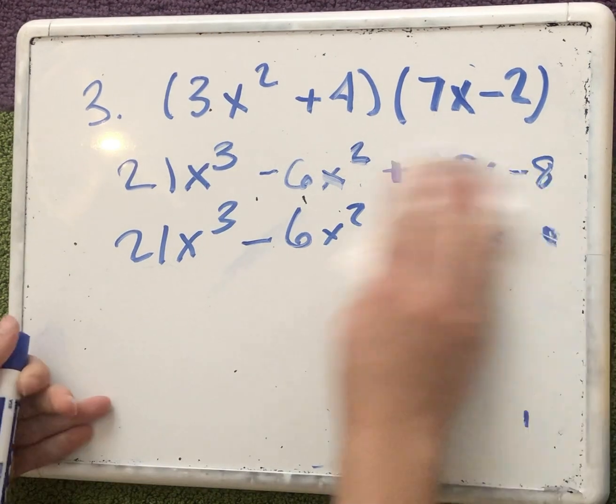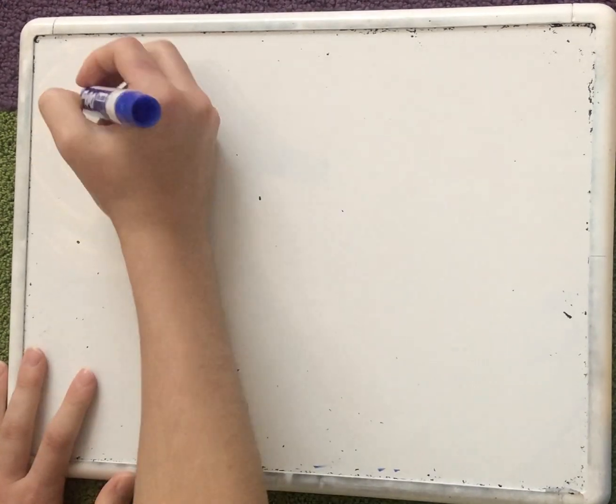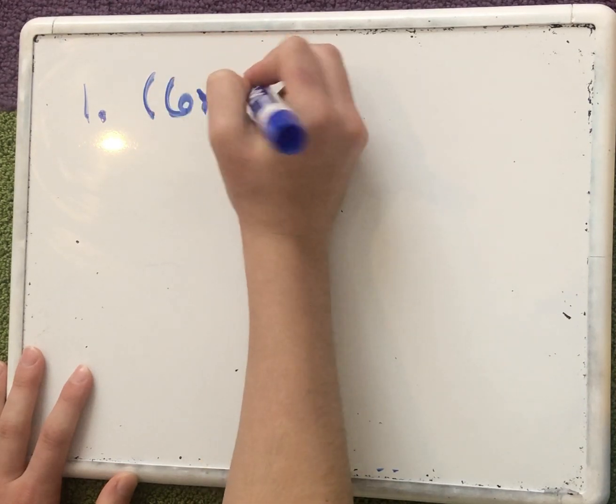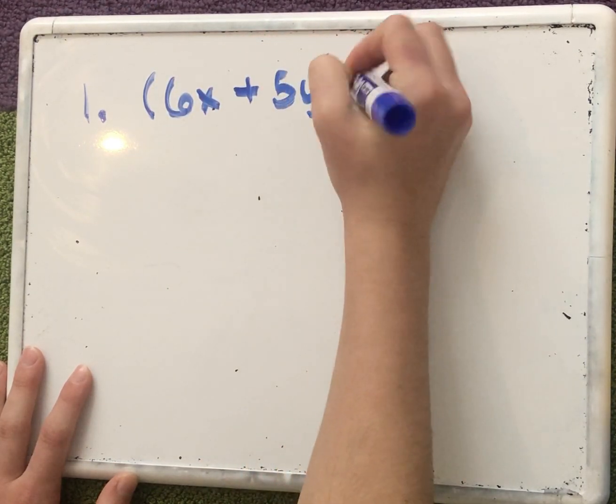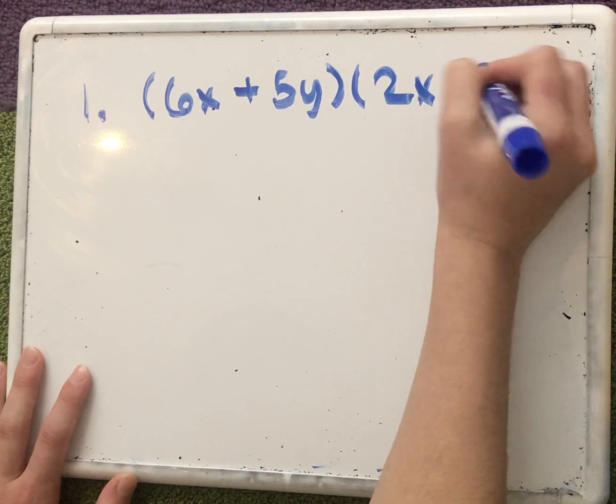Okay, and now I will write down problems, and I'll give you a minute to do them, and then I'll put the answers up. So the first problem is (6x + 5y) times (2x + 3y).